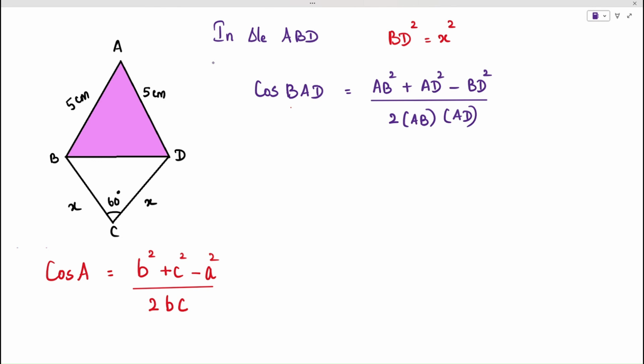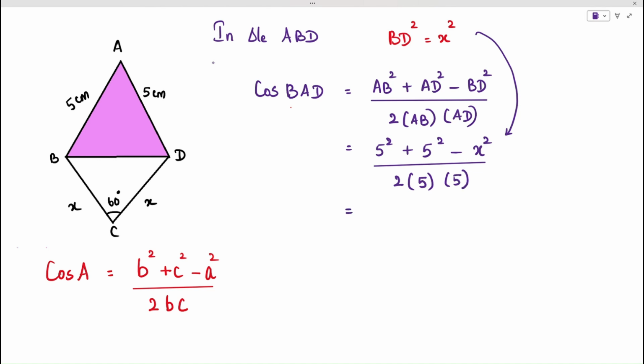Now let's substitute the values we have. So we have this equal to 5 squared plus 5 squared minus x squared, as we've calculated in the first part, all over 2 times 5 times 5.